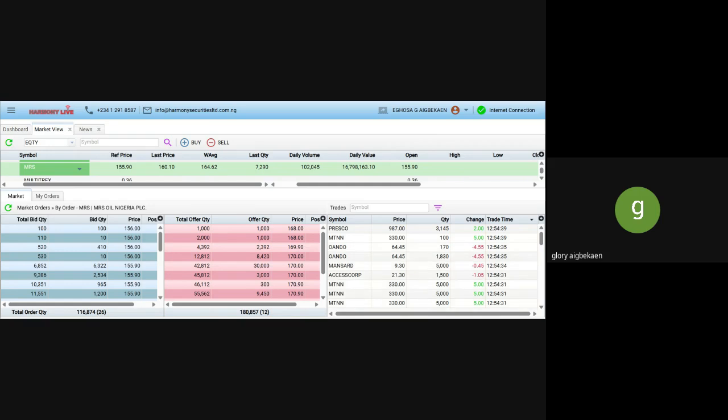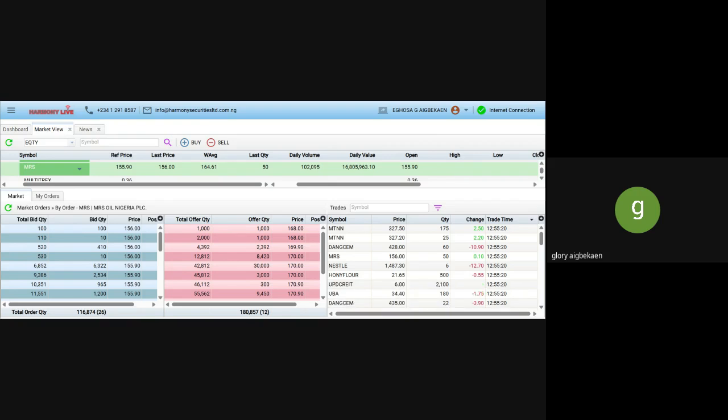Most of the companies in the downstream sector of our petroleum industry, those are the companies that run petrol stations, like MRS, like Conoil, Oando used to be one of them. I think Oando has now moved to the upstream. They have sold their downstream sector to another company, though the new company they sold it to is not listed in the exchange.